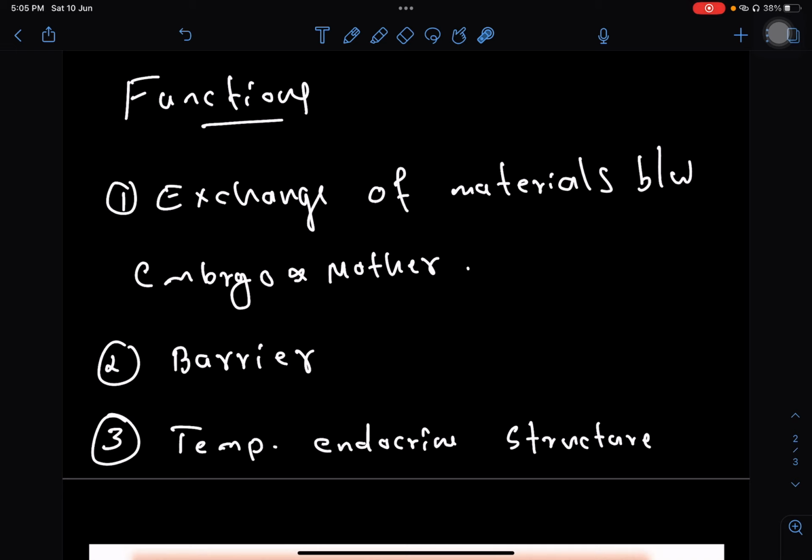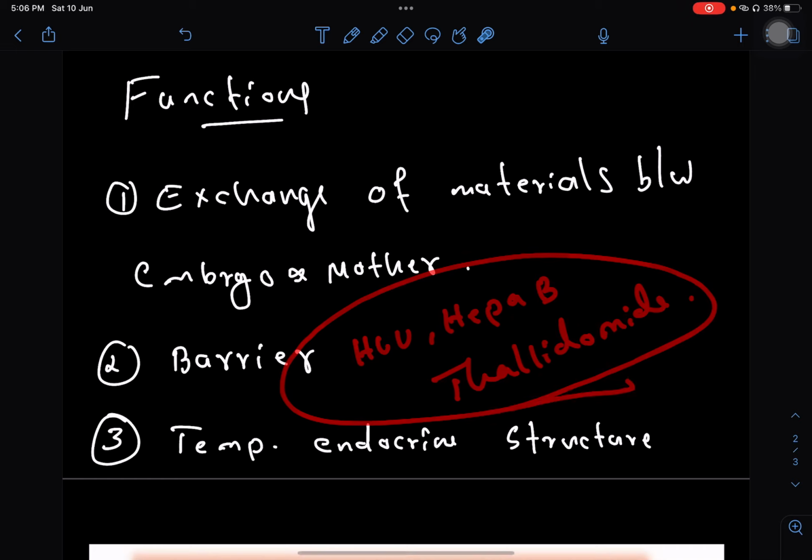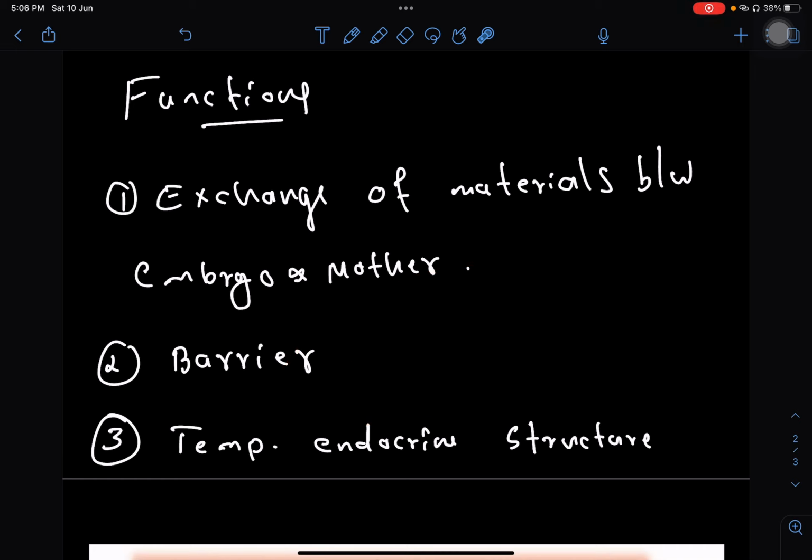Even though it prevents the entry of many unwanted substances to the embryo, some of them, like HIV, hepatitis B virus, rubella virus, or certain drugs like thalidomide can cross the placenta and may cause problems in the development of the embryo.